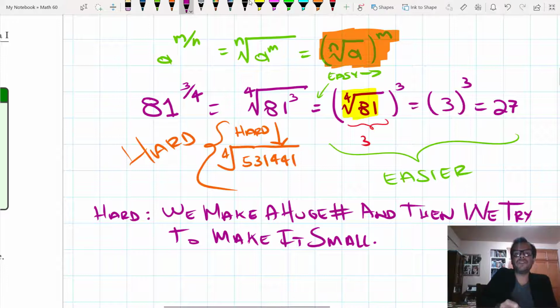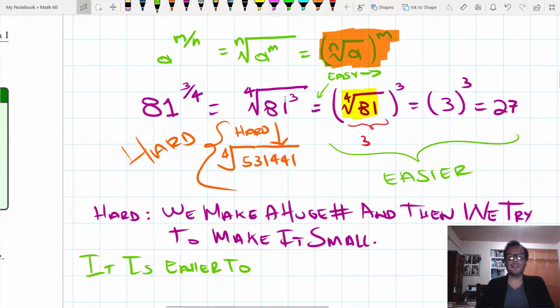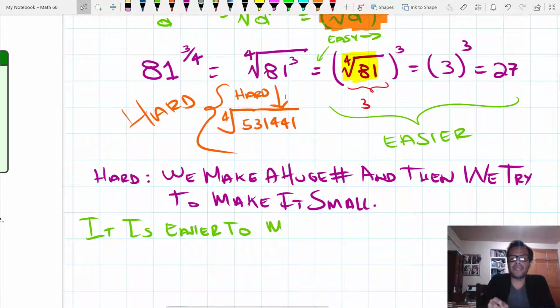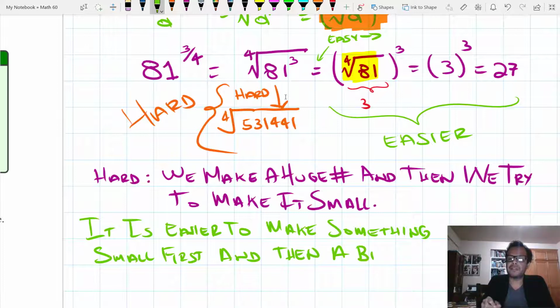Now, the easy version, right? It is easier to make something small first, and then a bit bigger, right?